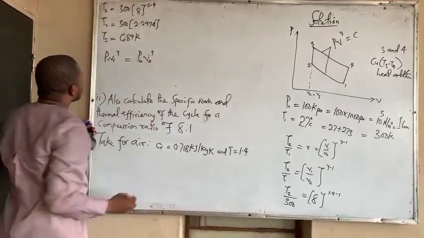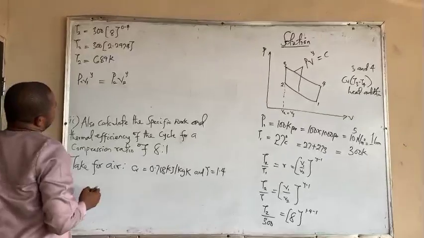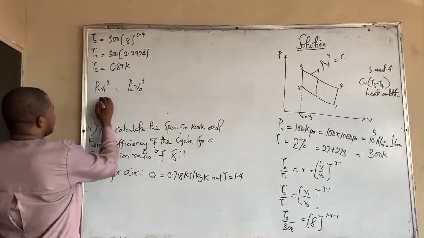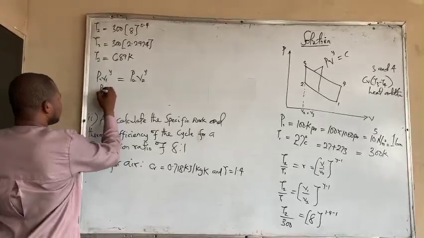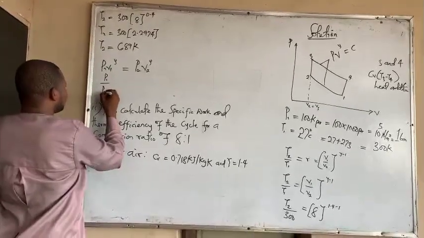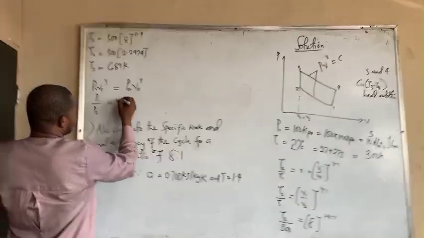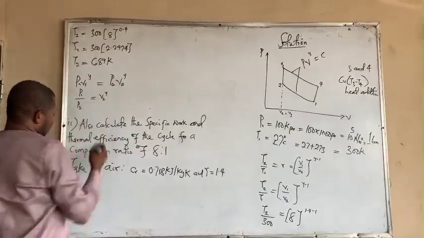Okay, and if you have P1 V1 to the gamma is P2 V2 to the gamma, this will further give me P1 over P2 is equal to V2 over V1 to the gamma.